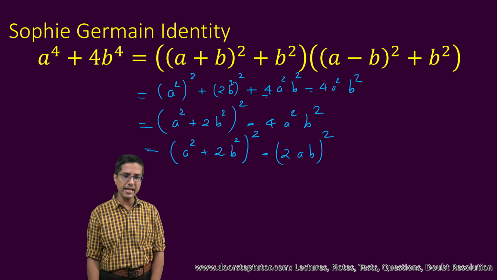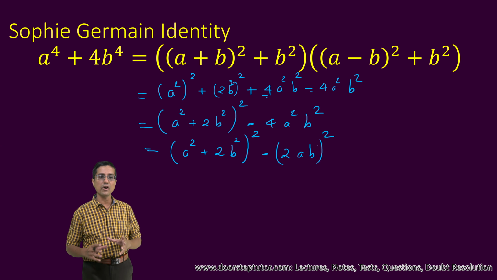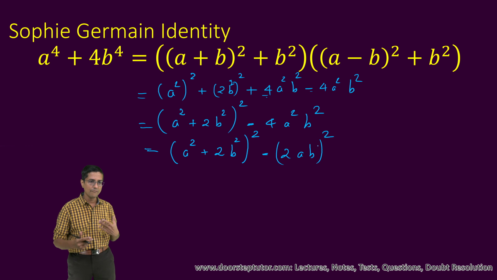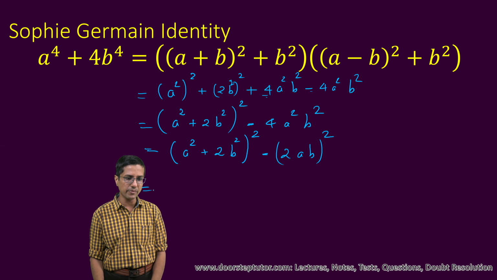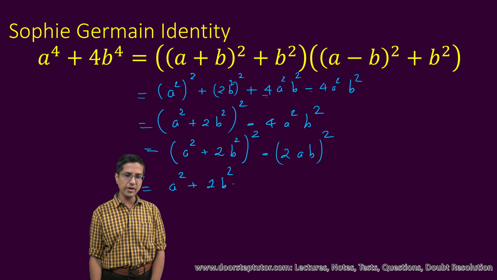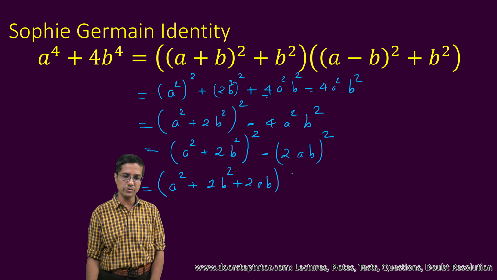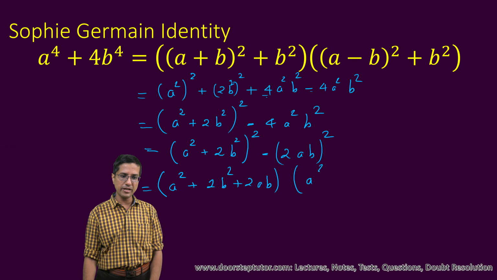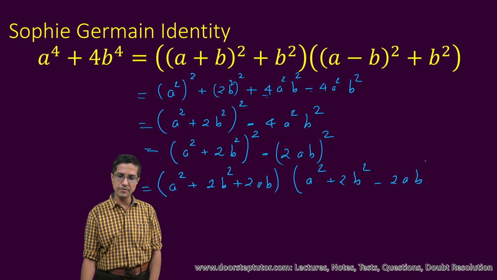So this is the a square minus b square, or x square minus y square formula, which is equal to x plus y into x minus y. So x plus y will be a squared plus 2b squared plus 2ab, okay, so far so good, and x minus y will be a squared plus 2b squared minus 2ab.